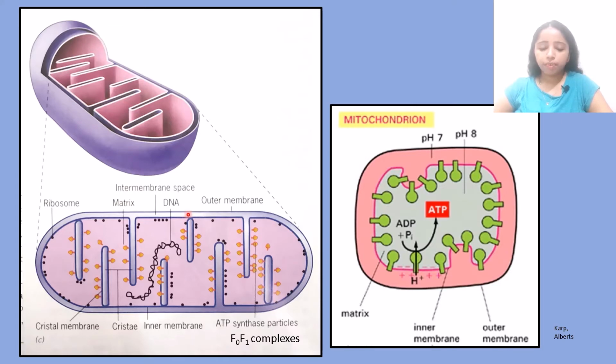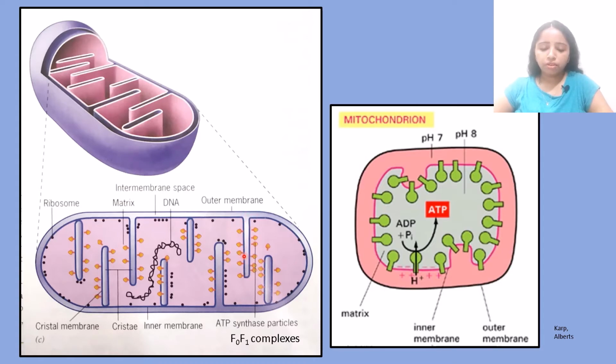The space which lies inside the inner mitochondrial membrane is called the matrix, and the intermembrane space is continuous with the lumen of each cristae. This space and this space have the same composition.